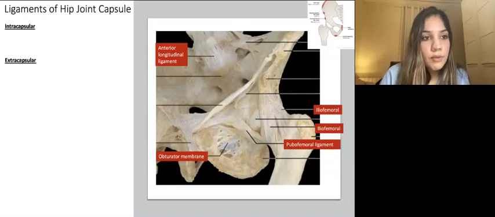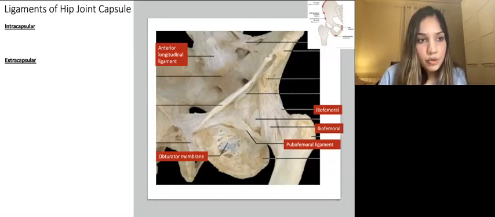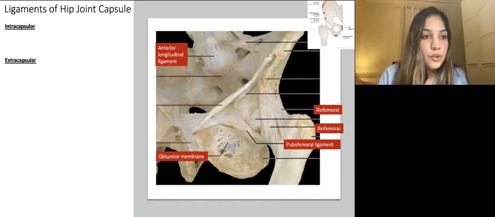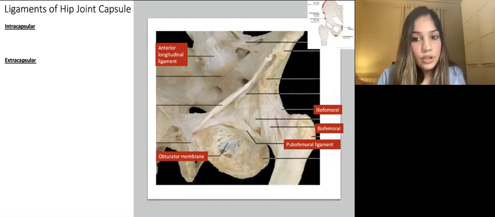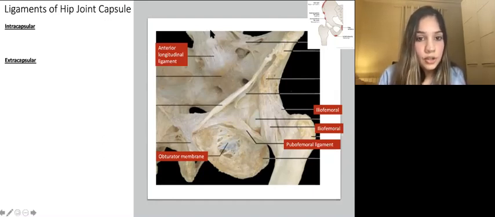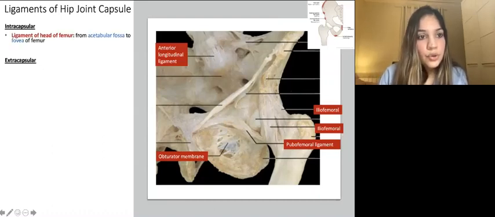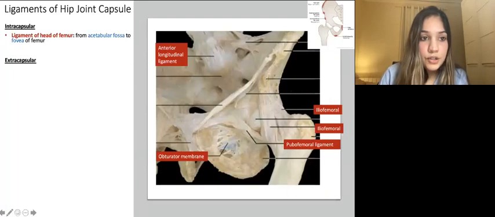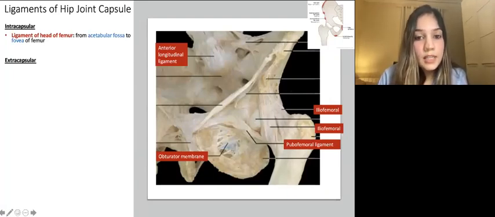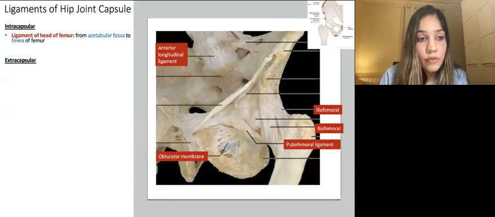So we'll go through the main ligaments of the hip joint capsule that you should know. They can be classified into two different groups: intracapsular, what's within the capsule, and extracapsular, what's outside the capsule. So intracapsular, as we mentioned before, is the ligament of the head of the femur, which basically connects the acetabular fossa to the fovea of the femur.